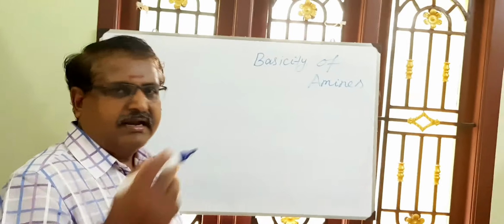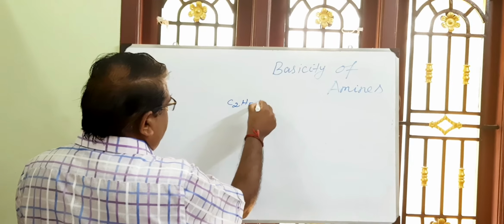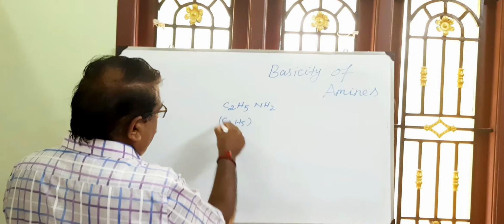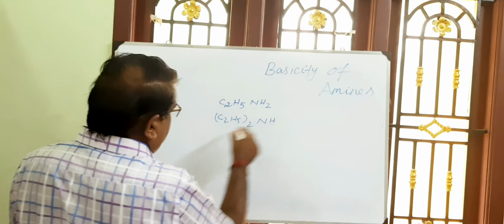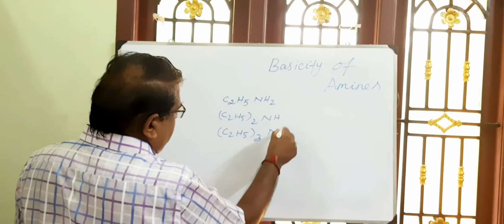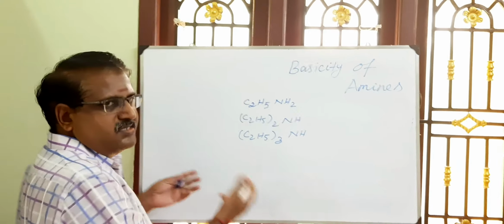Now let us consider another example. C2H5NH2, (C2H5)2NH, (C2H5)3N. So this is ethylamine, this is diethylamine, this is triethylamine. What is the order?